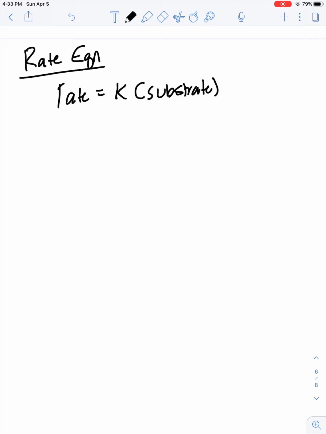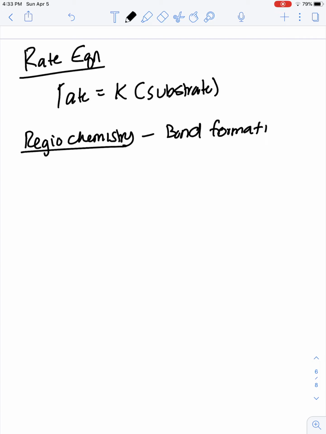When we're looking at the selectivity of E1 reactions, we're going to look at the favor of bond formation. So if we have an E1 reaction and there's more than one type of beta hydrogen, let's look at this example here.